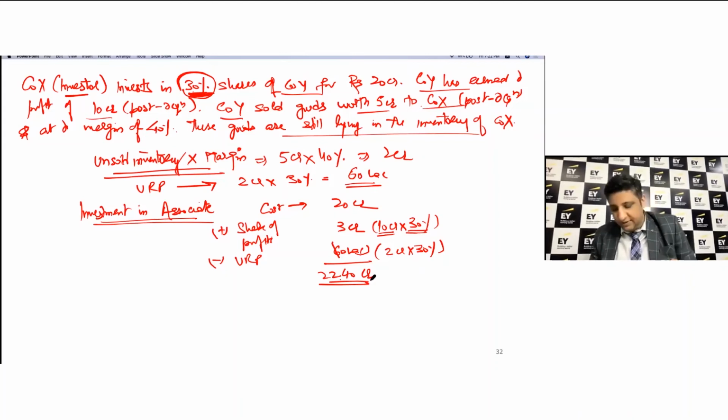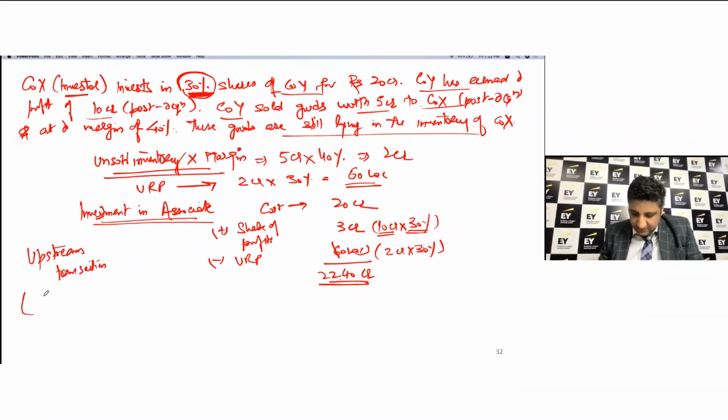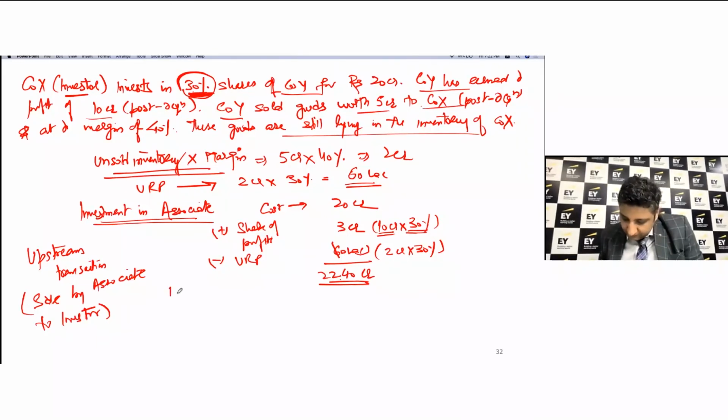Okay. Now, this is the contextual understanding. What you want to understand here as a formula or as an approach is that in case of an upstream transaction, which is, for example, sale by associate to investor, you would say debit profits, the share of profit.